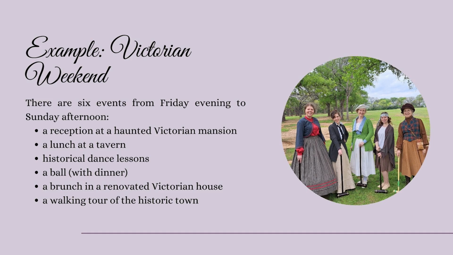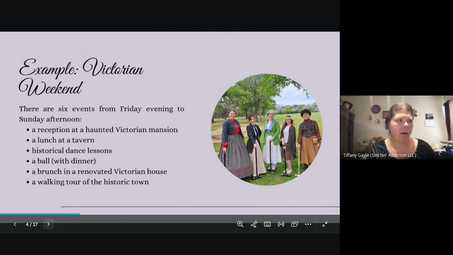And here's my example from the Victorian weekend. This has 6 events from Friday evening to Sunday afternoon. It starts with a reception at a haunted Victorian mansion, and her theme for that is something like haunted masquerade, I believe. Then on Saturday, we're going to have a lunch at a local tavern. In the afternoon, we have a historical dance lesson.